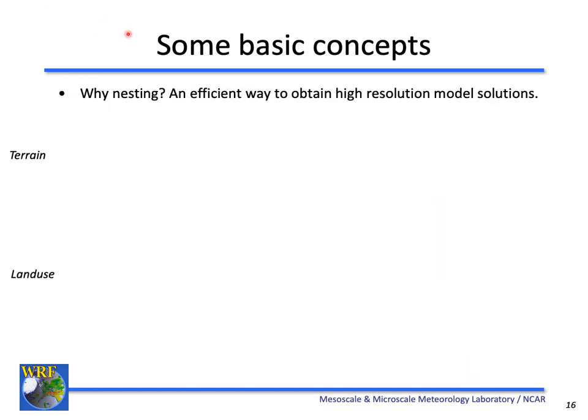Why do we do nesting? Nesting, if done right, is an efficient way to produce model solution at a higher resolution in a localized area. Over the higher resolution region, the model can represent the forcing from the surface better, such as from higher resolution topography and land use.